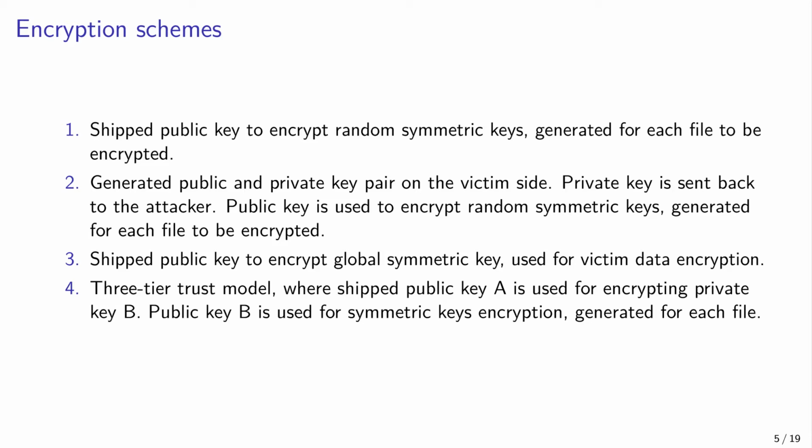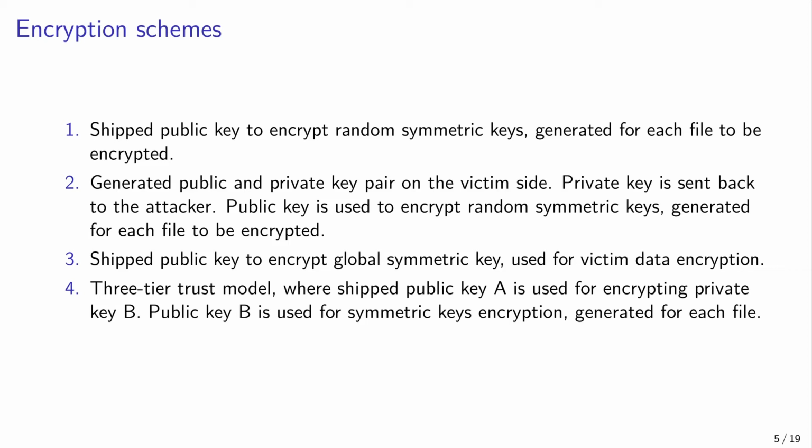The third scheme again comes with the hard-coded public key used for global symmetric key encryption, and this time one key is used for all files. The last scheme, known as the 3-tier trust model, uses 2 public and private key pairs, where the shipped public key from key pair A is used to encrypt another randomly generated private key from key pair B, and public key B is then used for encrypting the symmetric keys, similarly to the previous schemes.